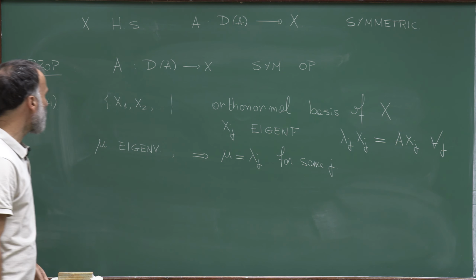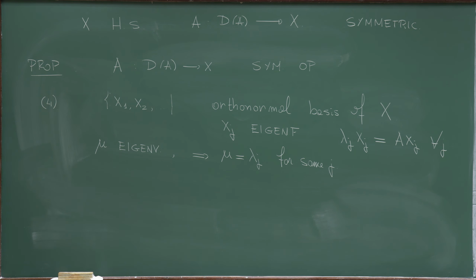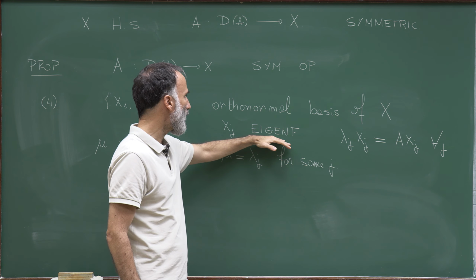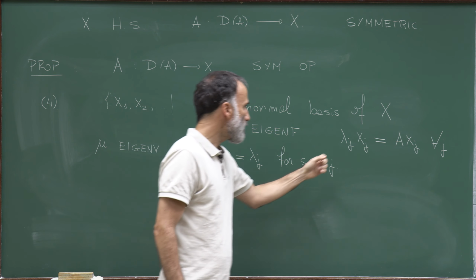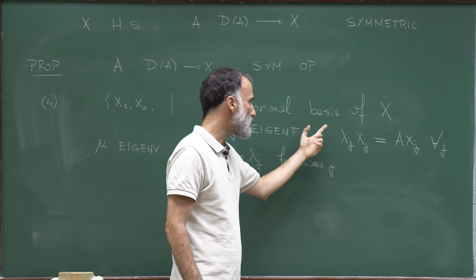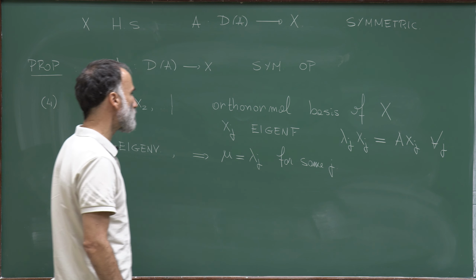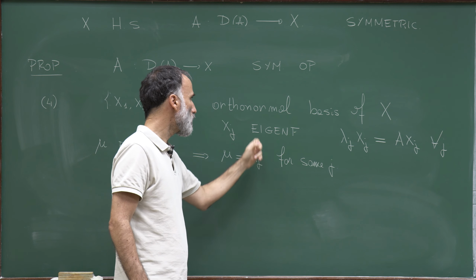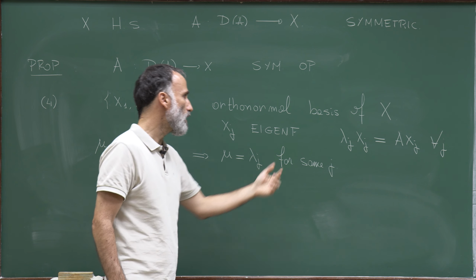So what this claim is saying is the following. Assume that you have an orthonormal basis of X made of eigenfunctions, then the eigenvalues associated to the elements of this basis are all the eigenvalues. So if I have one eigenvalue, it must be equal to one of these eigenvalues.